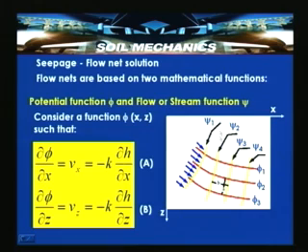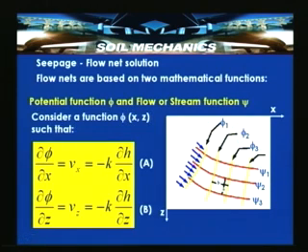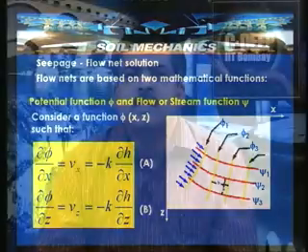So, what we consider is that these families of curves are represented by functions called psi 1, psi 2, psi 3, psi 4 or phi 1, phi 2, phi 3. Let us consider these flow nets are based on two mathematical functions: one is potential function phi and the other is flow or stream function psi.